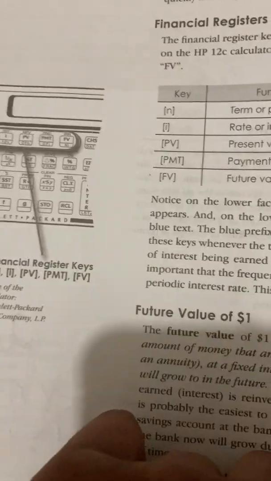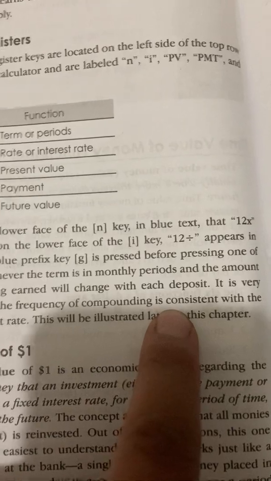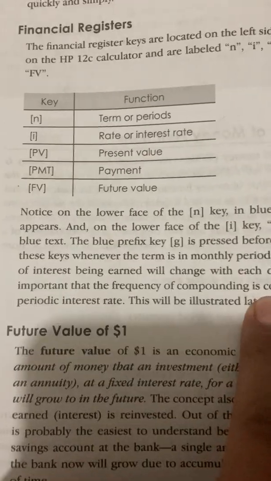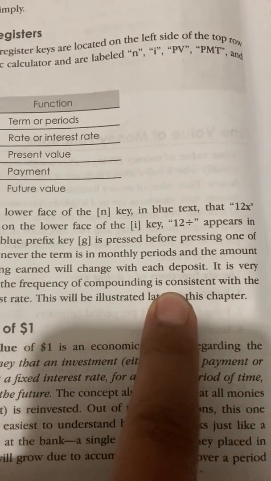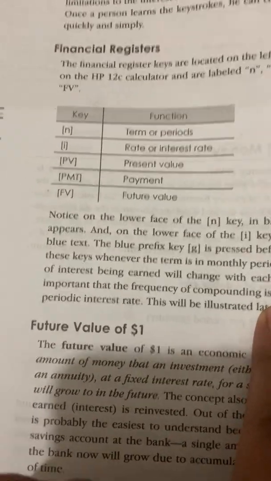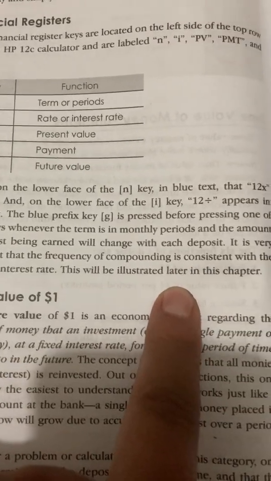And the amount of interest being earned will change with each deposit. It is very important that the frequency of compounding is consistent with the periodic interest rate. This will be illustrated later in this chapter.